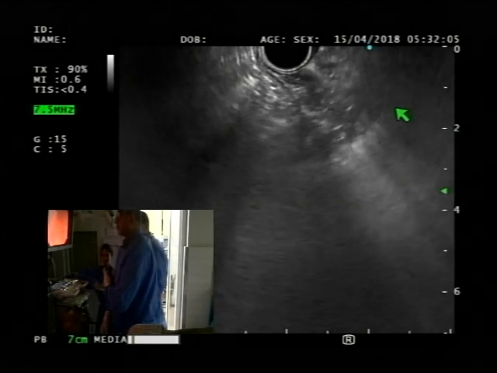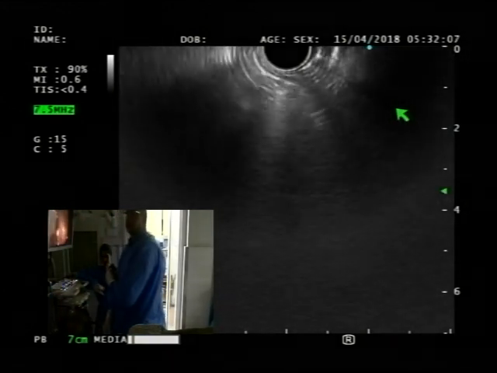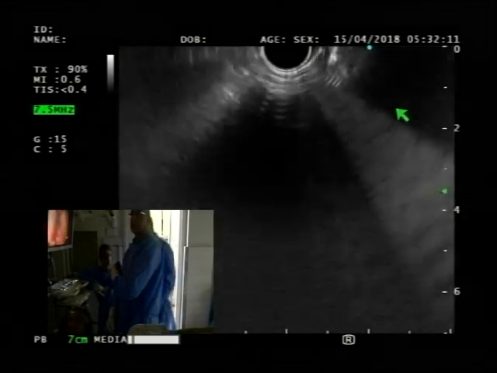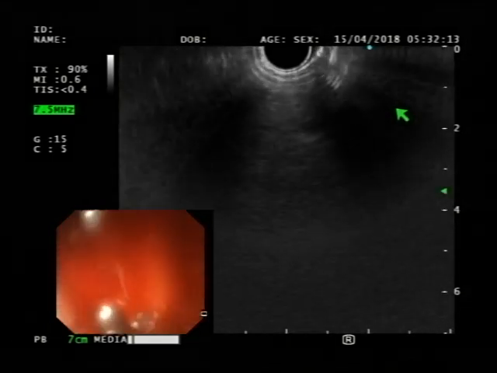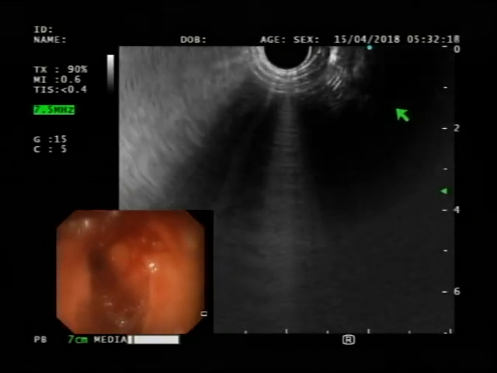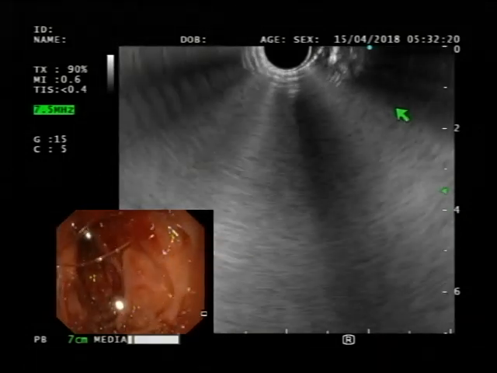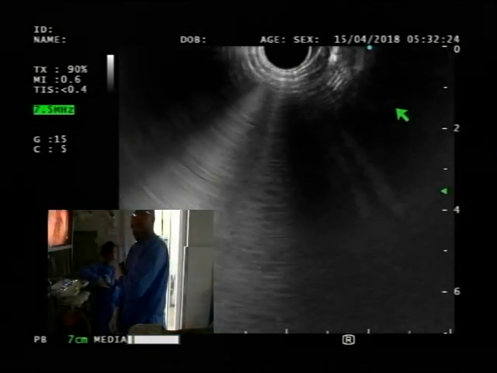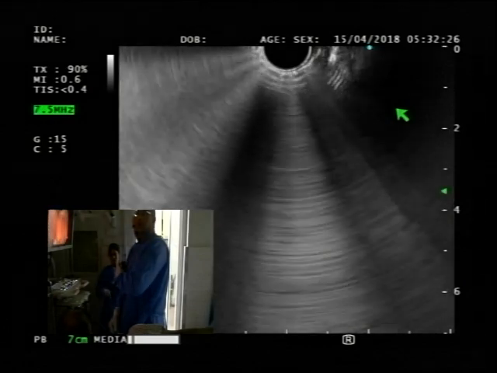So pull back a bit more. And come down, yeah. It's more of an EUS, like an ultrasound image, so I wouldn't worry too much about that. Now, come down. There you go.